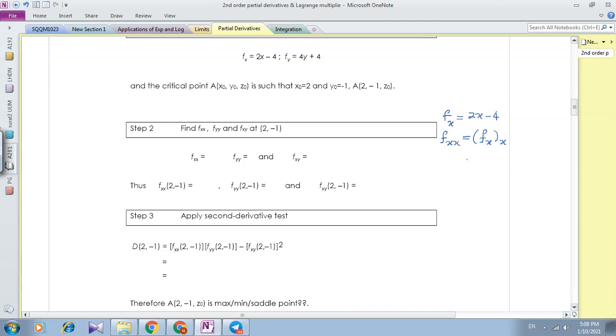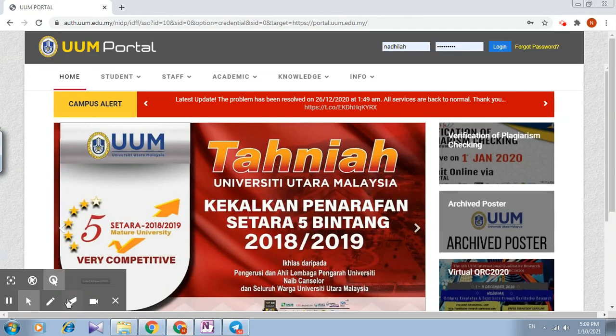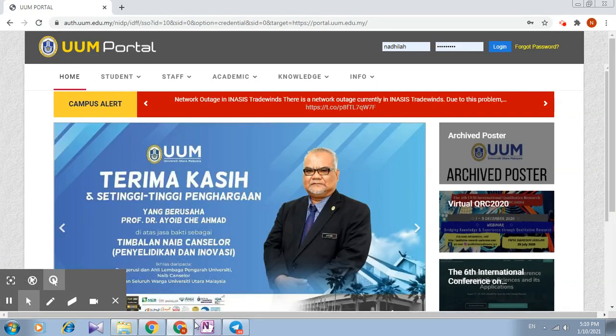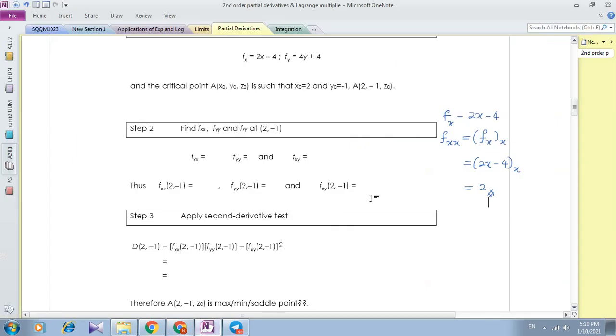So this means 2x minus 4, and then we find the partial derivative with respect to x. So this is 2. So fxx is 2.